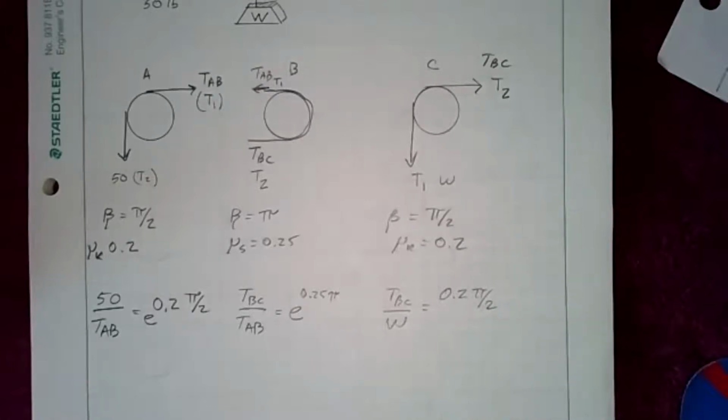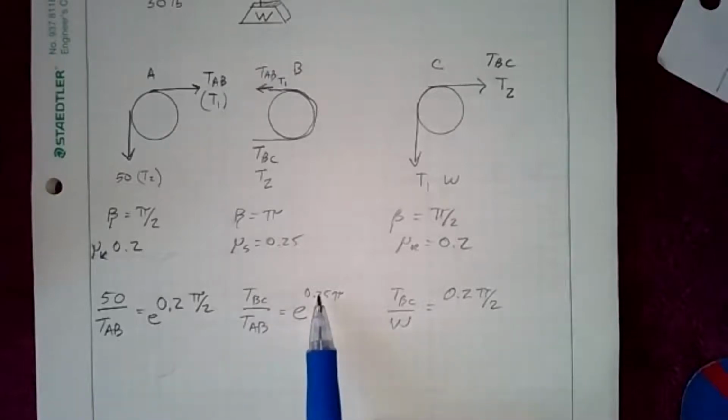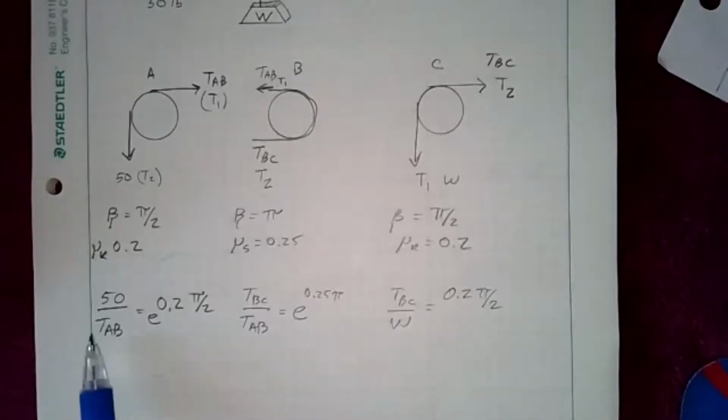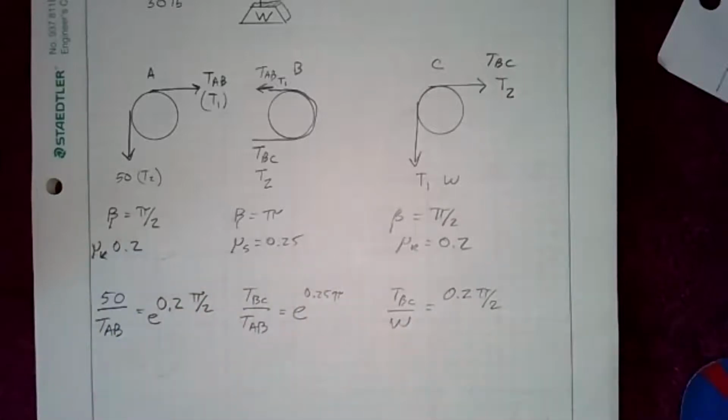Now, you can actually simplify this. One thing you can do is multiply all of these out and add them together, or you can solve for TAB here, plug it in here, solve for TBC here, plug it in there. Another way to do it is to separate them out, because each of the sides has to equal each of the other sides.